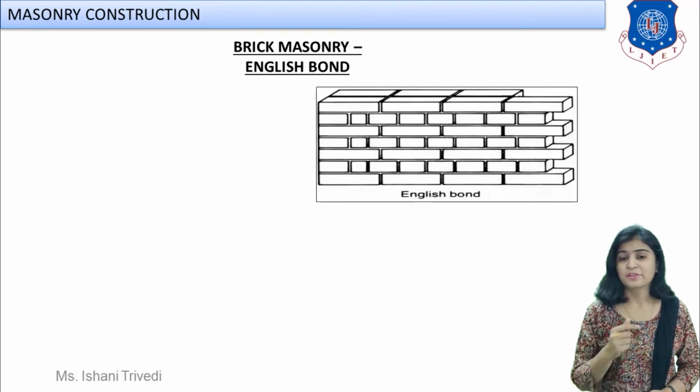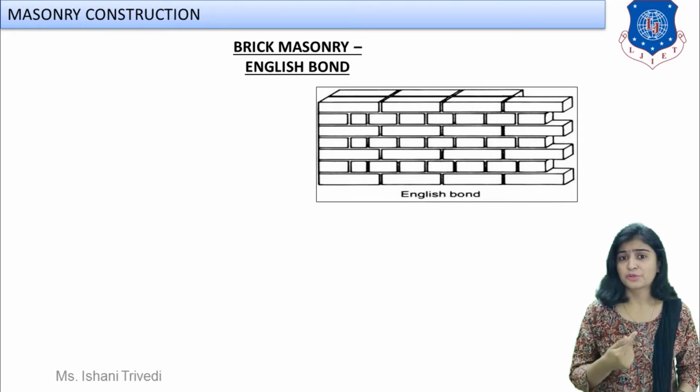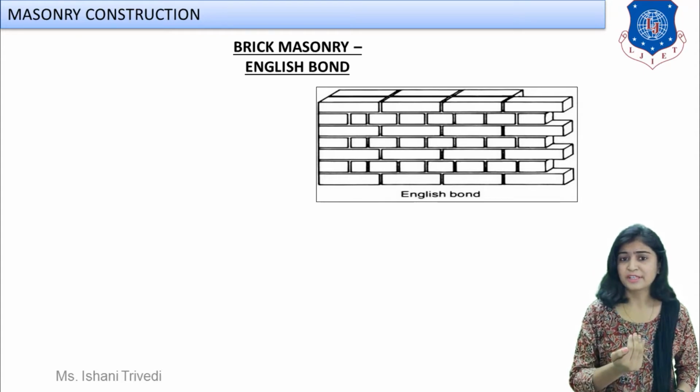So now let me show you a clearer picture in a little bit of three-dimensional, you can say that. So what can we see again over here? We have one full course of stretcher bond, then the next full course of header bond, right? Now, if you want to construct 2 brick thickness, then can you see behind also, that is your backing, and the one which you can see in the front is facing.